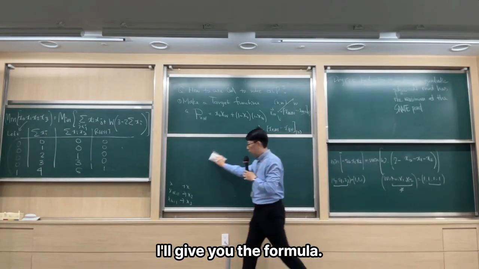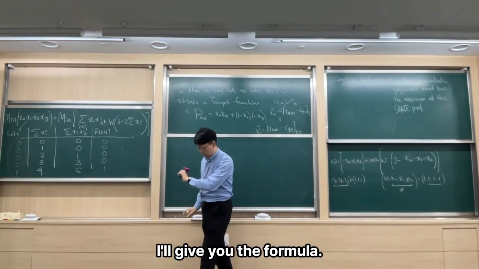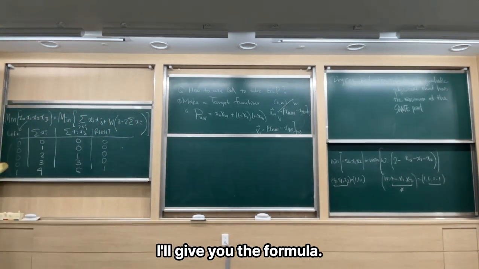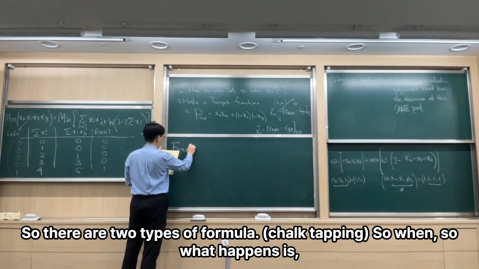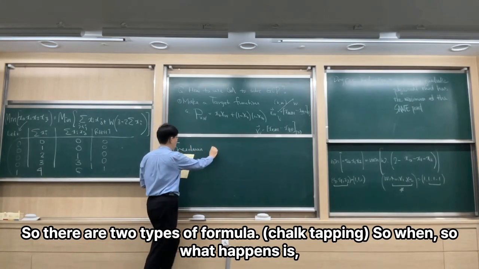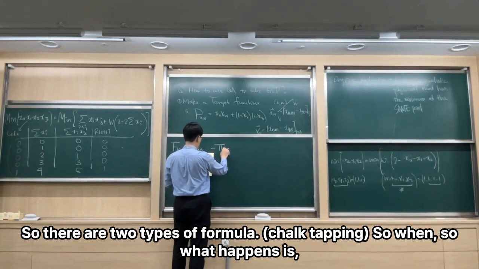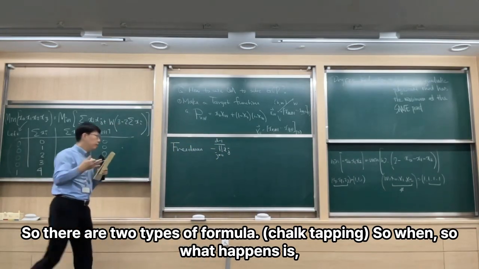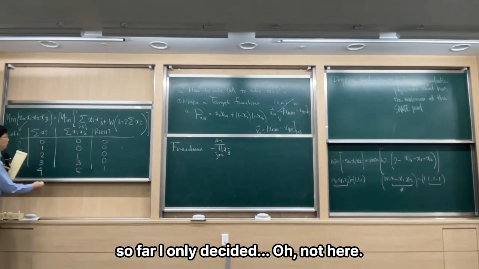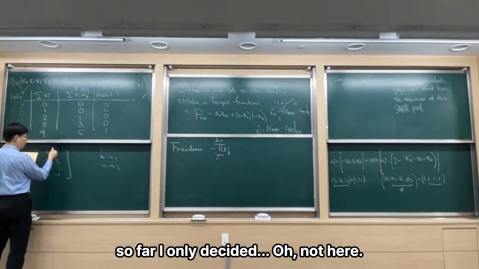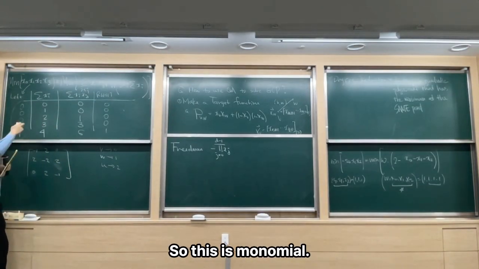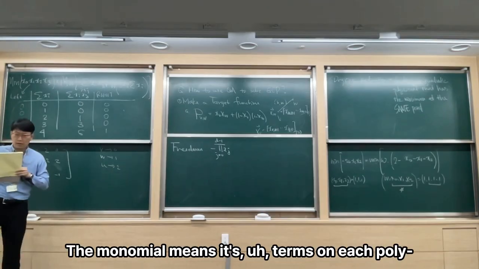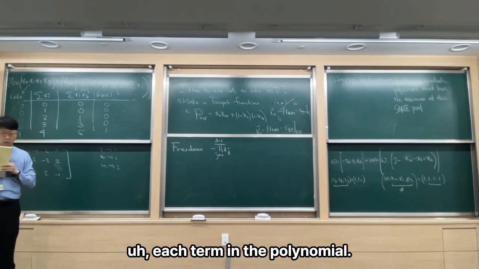So here I'll give you the formula. So there are 2 types of formula. For each monomial, so this is monomial. Monomial means each term in the polynomial.